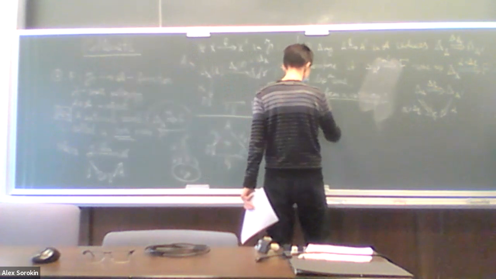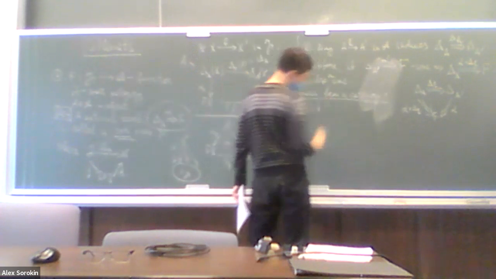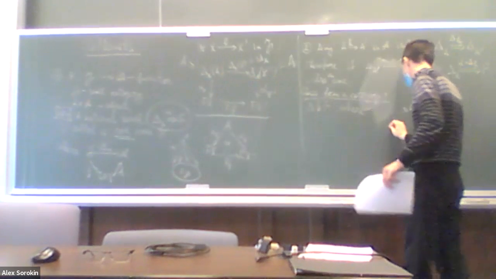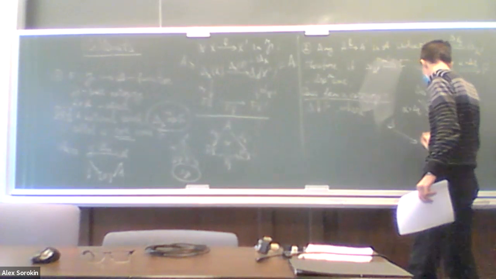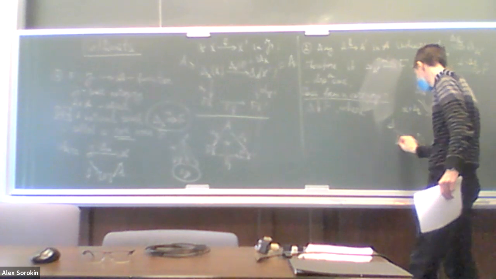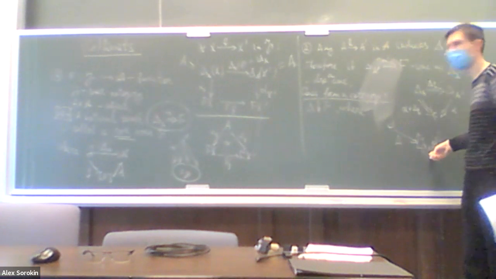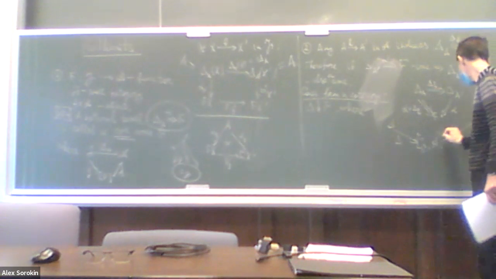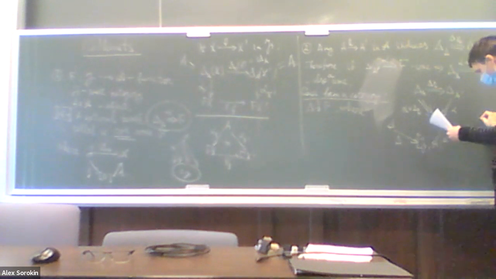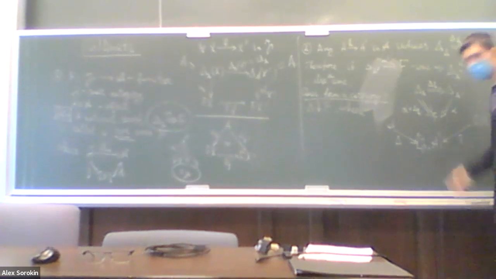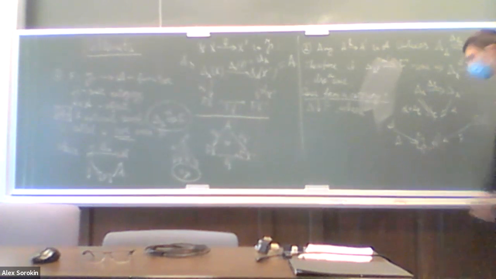This will be category delta comma F, where functor delta is going from category A to category of functors from J to A. So this functor takes every object to a constant functor on diagram J. And here we have a functor from a trivial category, which picks up the unique functor F in our functor category.